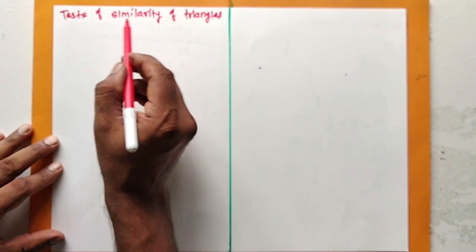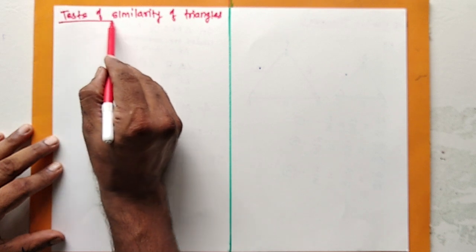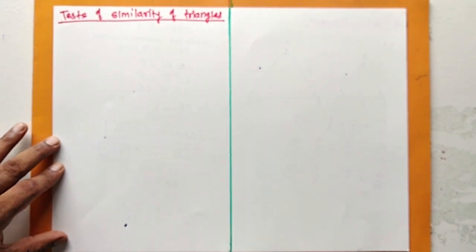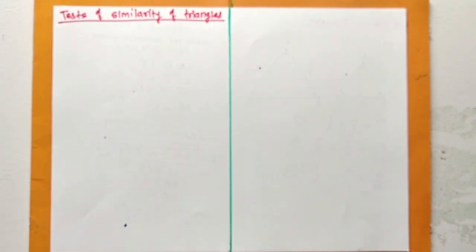Now, the test of similarity of triangles. In the definition of similar triangles, for similarity of two triangles, the necessary conditions are that their corresponding sides are in proportion and their corresponding angles are congruent.